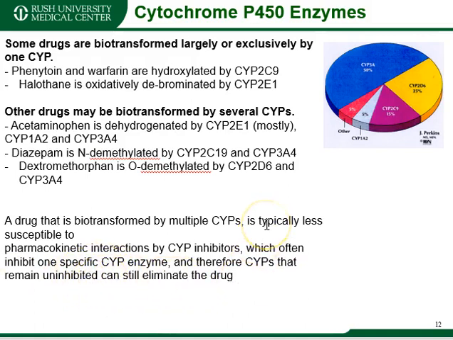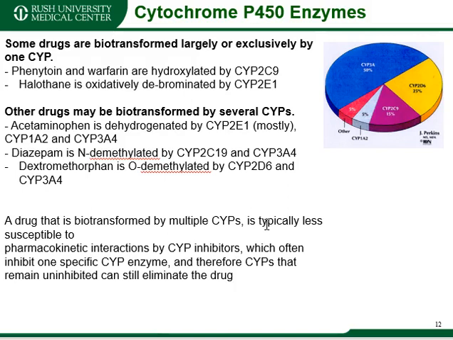All this really says is that if you've got one drug being biotransformed by 5 different CYP enzymes, the likelihood of a major drug-drug interaction typically gets diminished.